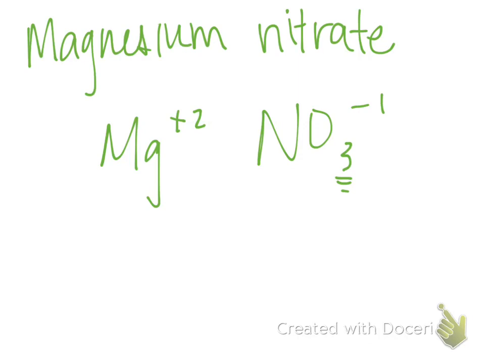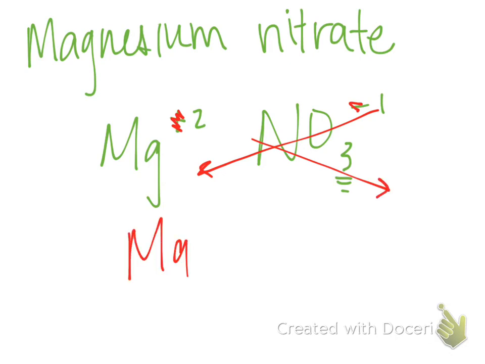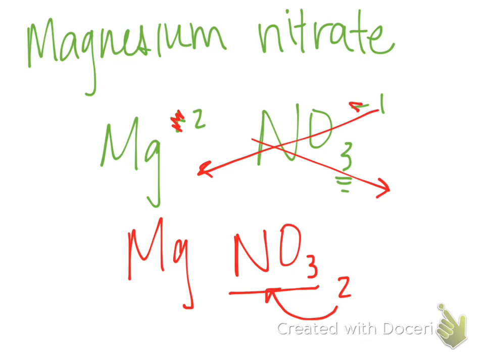So as we crisscross, we disregard the charge, and we say Mg1NO3 2, right? But the 1 gets left off because we only need 1 magnesium and we leave that off. We need to show that this 2 applies to the whole nitrate compound, which is when we add parentheses.